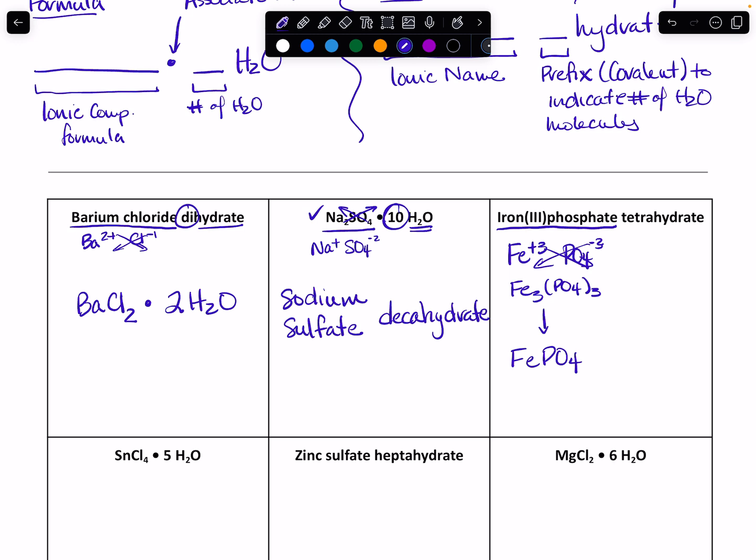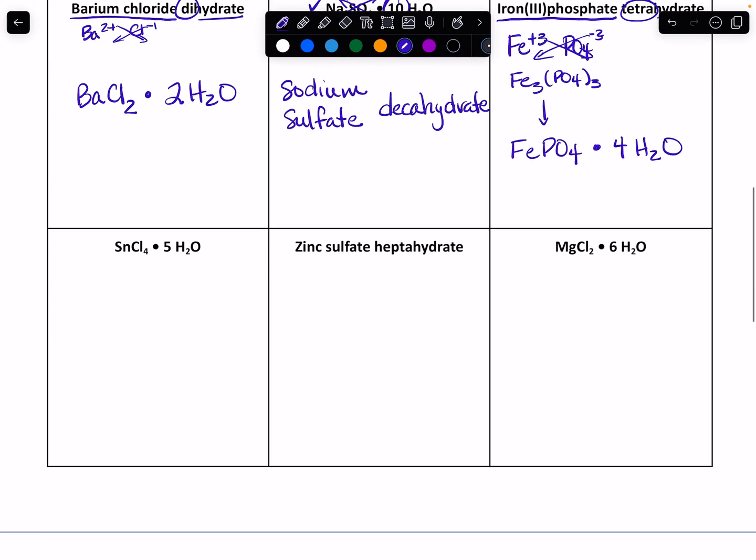That will also be neutral, +3, -3. That is my ionic portion. Dot, tetra is going to be 4, and then hydrate is H2O. So this is FePO4 dot 4H2O. There are 4 water molecules associated with 1 formula unit of iron(III) phosphate.